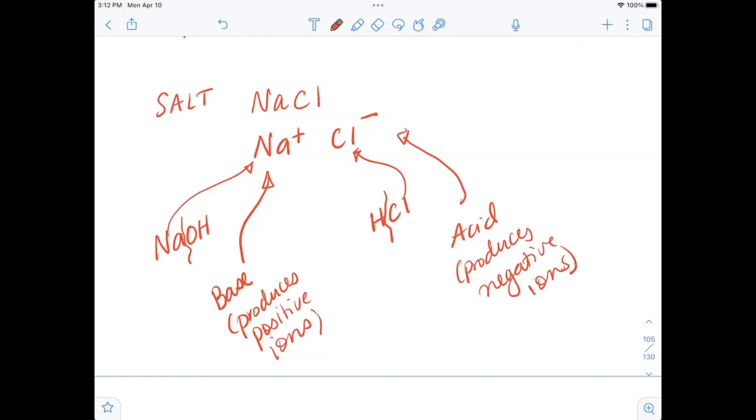Okay? So when you're trying to figure out what the parents are from the child, just reverse the process. Remember, the base ions are hydroxide, the acid ions are hydrogen ion.